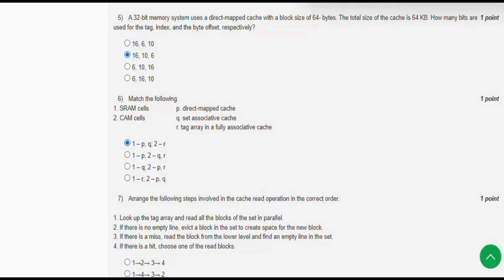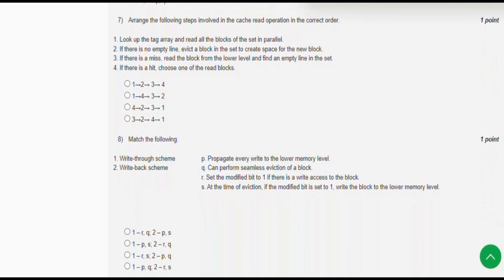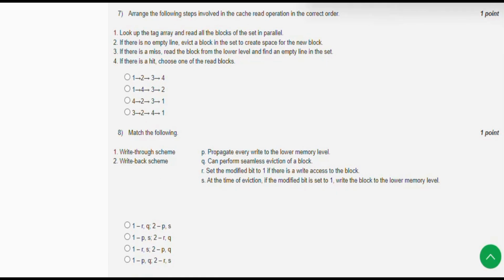Now get into the next question, question number 7. Arrange the following steps involved in the cache read operation in the correct order. Option 1. Look up the tag array and read all the blocks of the set in parallel. Option 2. If there is no empty line, evict a block in the set to create space for the new block.